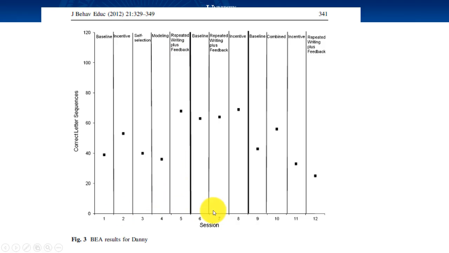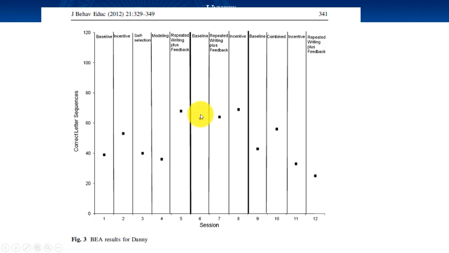So in the initial sequence, we see that for Danny, incentive and repeated writing plus feedback were the most effective. So in the first withdrawal reversal phase, we reassess baseline performance, but baseline increased quite a bit, and repeated writing plus feedback and incentive, when we implement them in reverse order, this time incentive seemed to be the most effective thing.